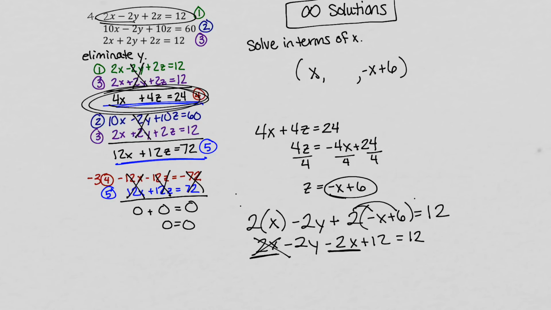Well, a positive 2x and a minus 2x add up to 0. So I'm left with negative 2y plus 12 equals 12. Subtract 12 from both sides. Negative 2y equals 12. Divide by 2. Y equals negative 6. I'm totally just joking. Oh my gosh, I apologize.